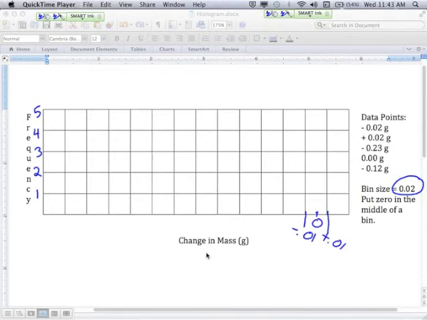Now in both directions, I'm going to count by 0.02s. So that makes this 0.03, and this is negative 0.03, negative 0.05, negative 0.07, negative 0.09, and so on and so forth.